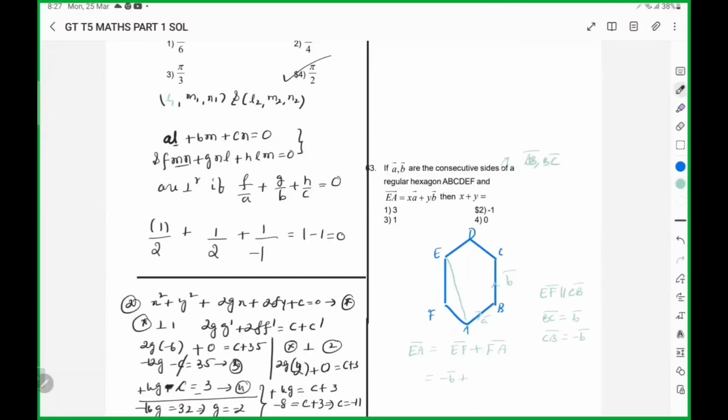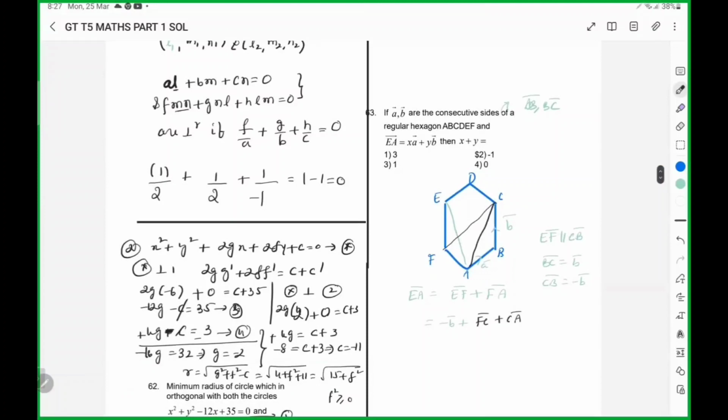FA will be, I don't know FA, so here I'll write FC plus CA. Here FC is 2 times AB. CA is CB plus BA.